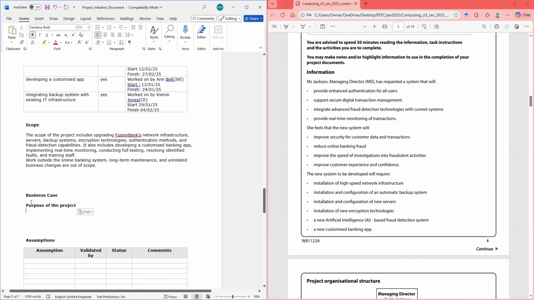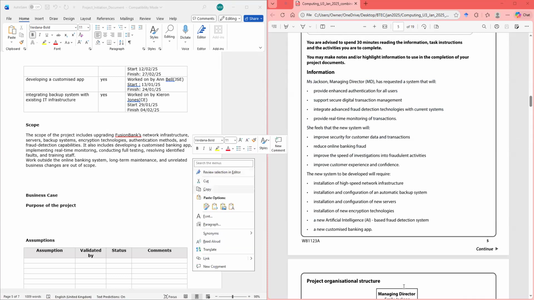Right? And what's the purpose of a project? This is where we look back at our set task brief again. It's what Fusion Bank has identified, first of all, and then what they have identified, what's happening to the bank. That's the first thing you have to do. What is happening to the bank?